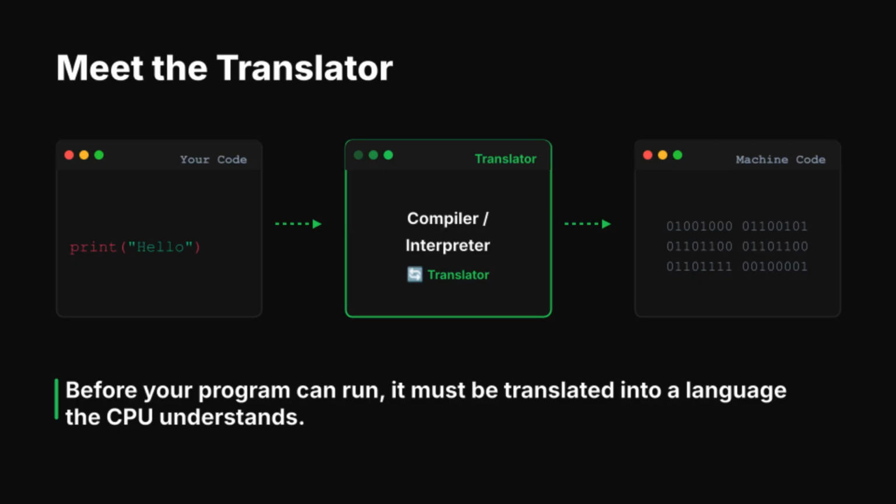Without this translation, your program simply cannot move forward. It doesn't matter if it's one line, 2 lines, or a million lines of code. The CPU still needs everything in its own language, just like we do, right? Now that our code has finally been translated, it's ready to begin its journey inside the computer. But before the CPU gets its hands on it, there's one more component that has to step in.